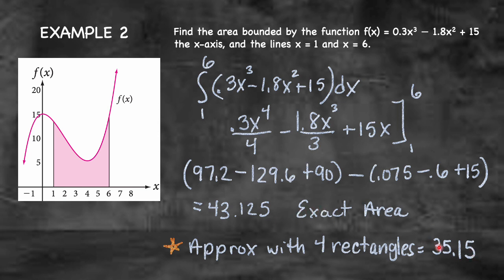There's a fairly large difference between these two areas, but remember, we only used 4 rectangles, and there was a fairly big gap of missing area that we didn't count. Again, if I went up to use 10 rectangles or something higher than 4, this will get more and more accurate as we add more rectangles to our sum.